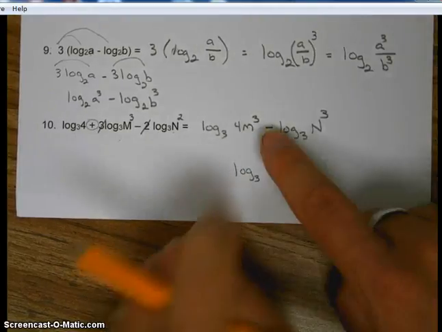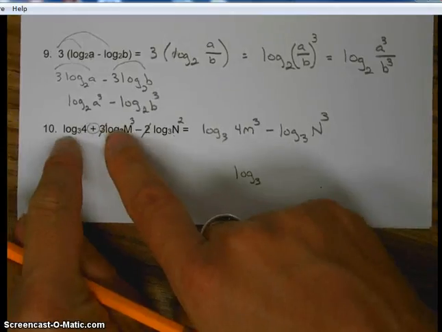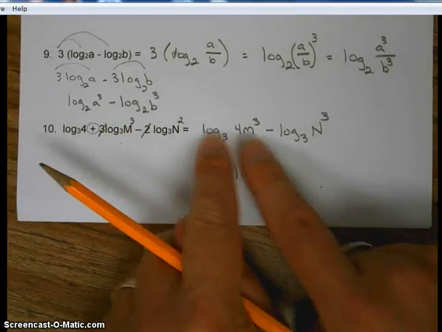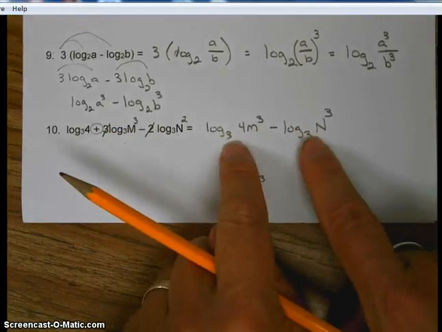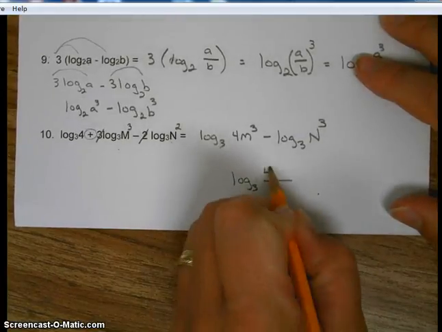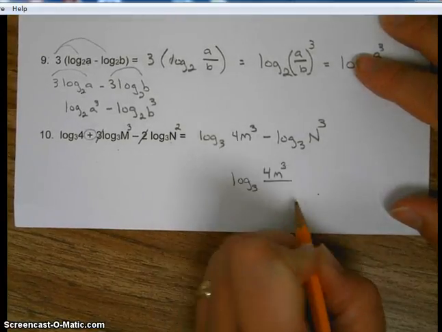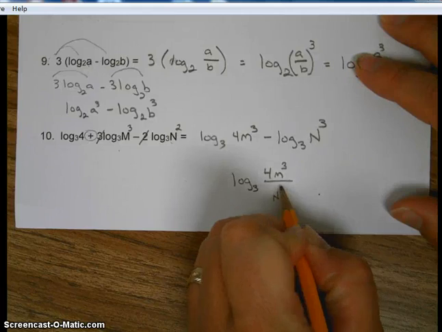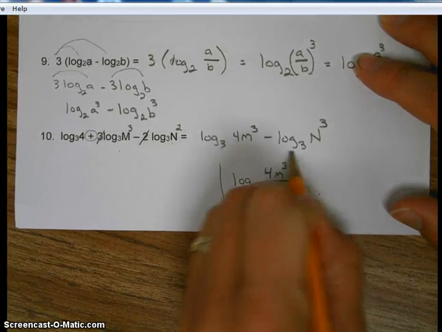Each time you do an addition, you're going from 2 to 1. Do a subtraction, you're going from 2 to 1. So subtraction, first argument goes on the top, second argument goes on the bottom, and there you have it. Fun, huh? Good stuff.